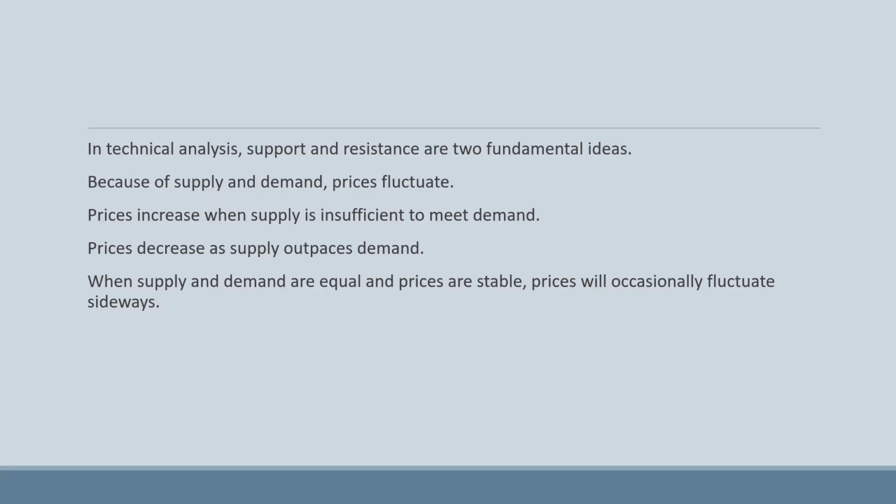Because of supply and demand, prices fluctuate. For example, if you look at what's happening in Nigeria now, because there's scarcity of naira, everything seems to have increased in price. Why is it increasing in price? Because supply cannot meet demand.